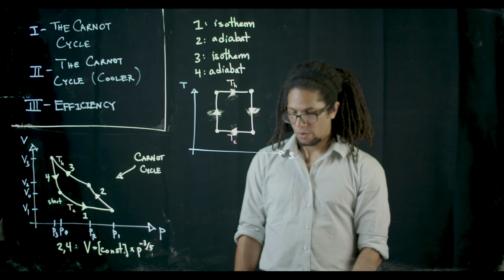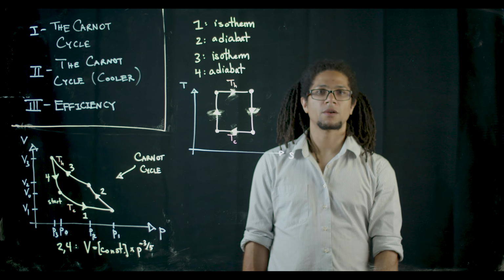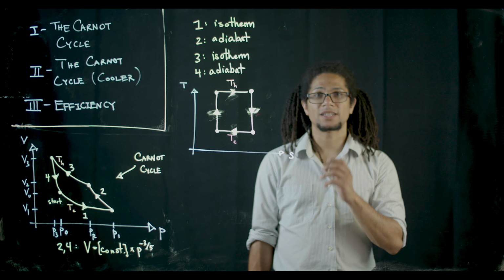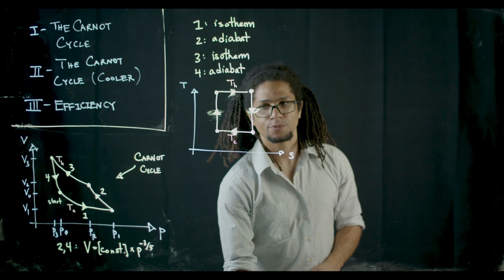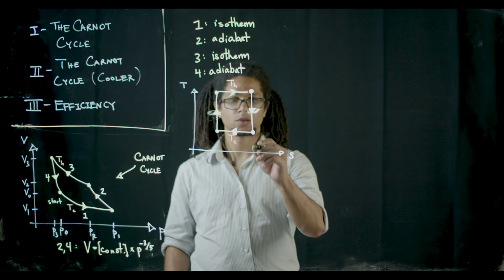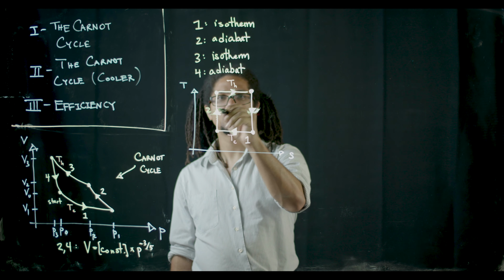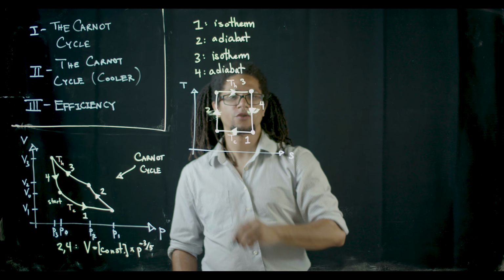Okay, now that we have a very poorly done drawing here, we're ready to figure out the heat that's done in each of our 4 strokes. So again, let's number these 1, 2, 3, and 4.